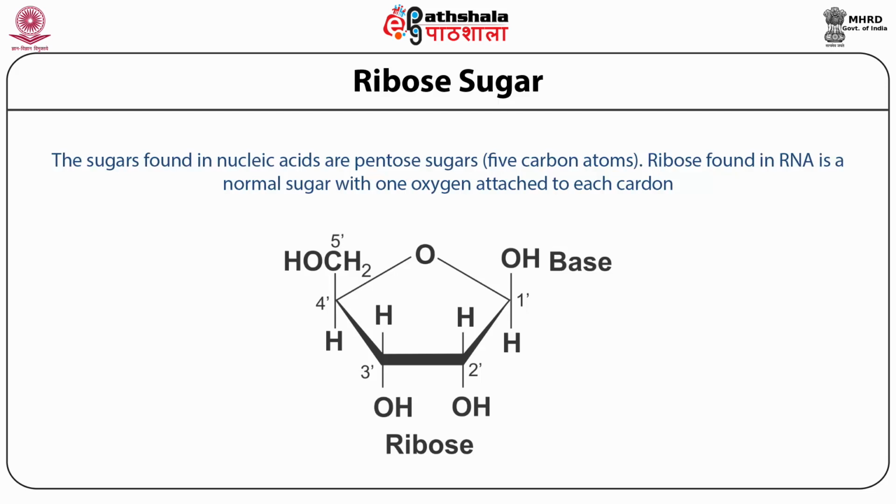You can see here the nomenclature, that is C1 dash with OH, C2 dash with OH, C3 dash with OH, C4 dash with OH.